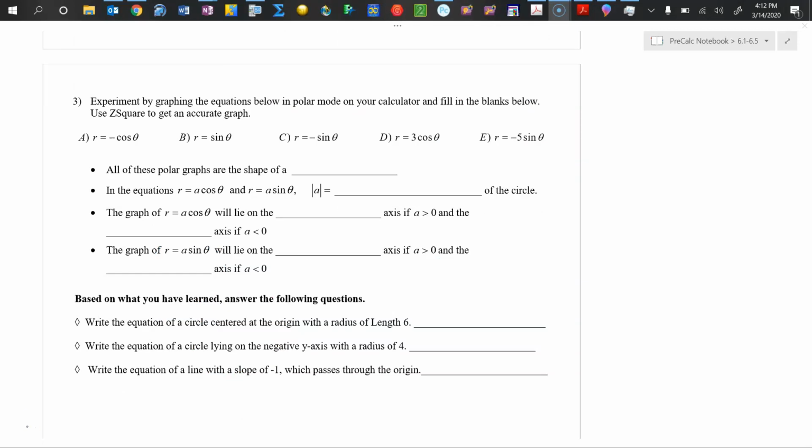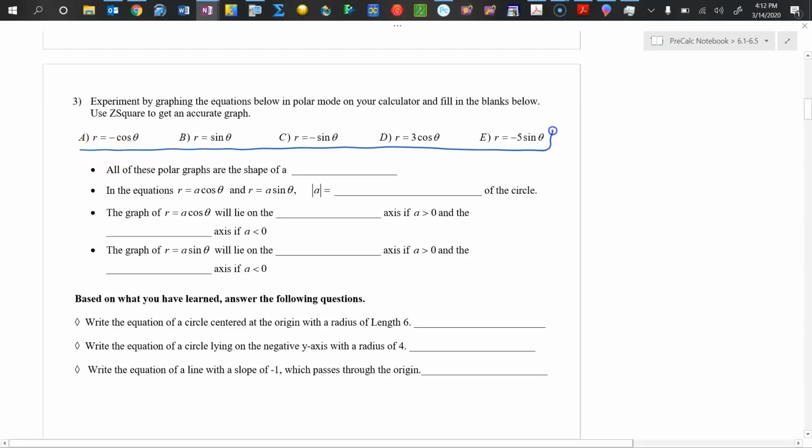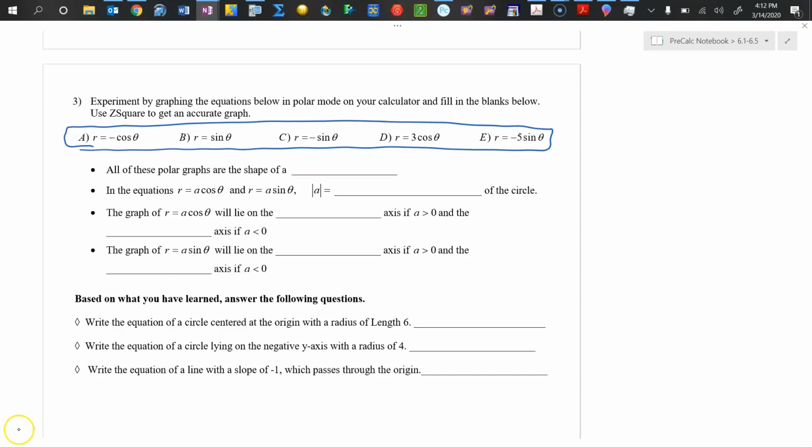What I'd like you to do right now is put your calculator in polar mode if it's not already, and graph these functions right here that I am drawing a box around, one at a time, and then answer the questions below.